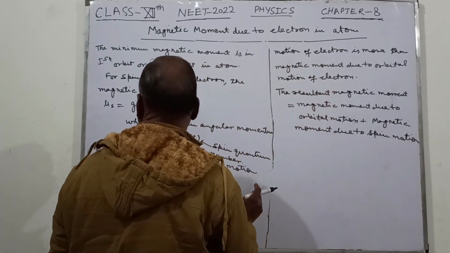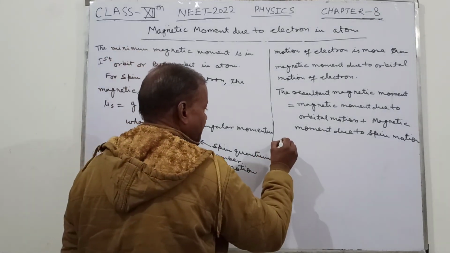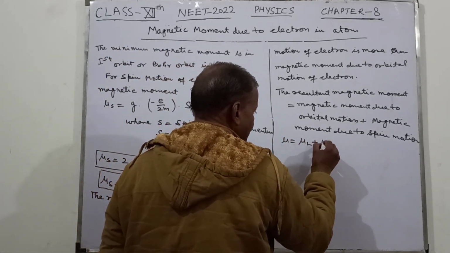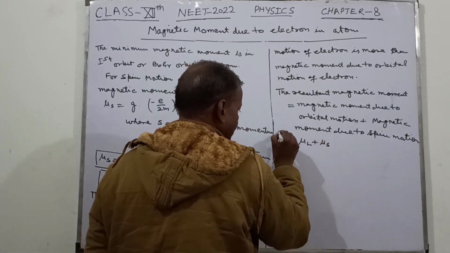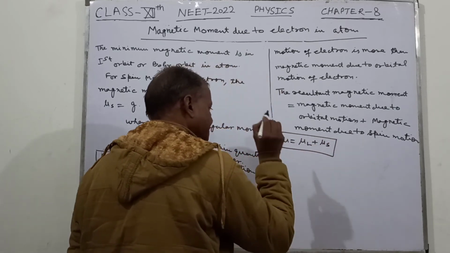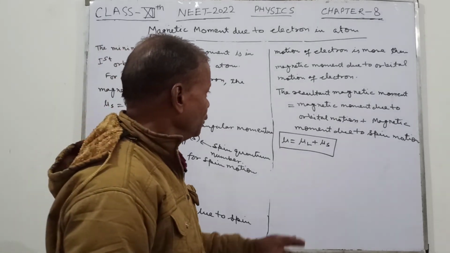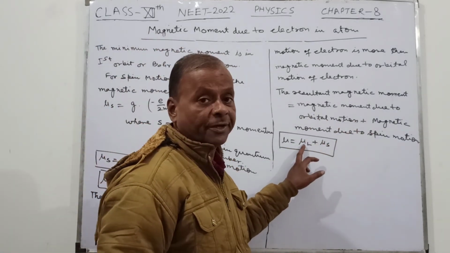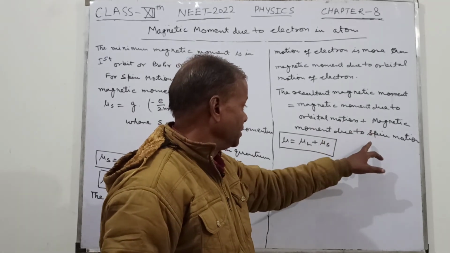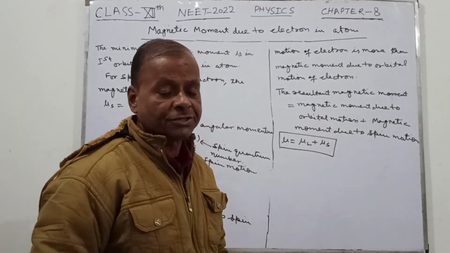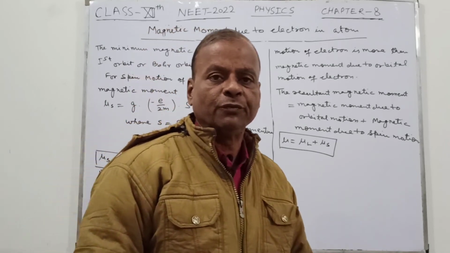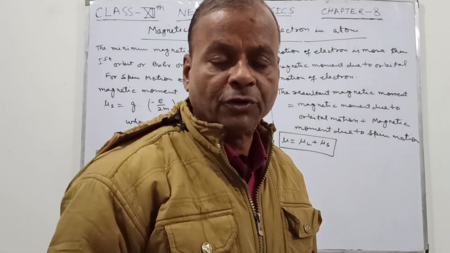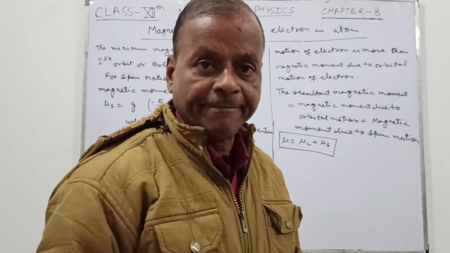This is generally given by μ equal to μ_L plus μ_S, where μ_L is due to the orbital motion and μ_S is due to the spin motion. This is the vector sum, because magnetic moment is a vector quantity.